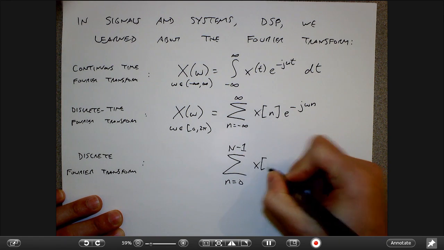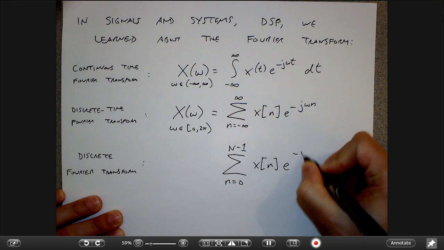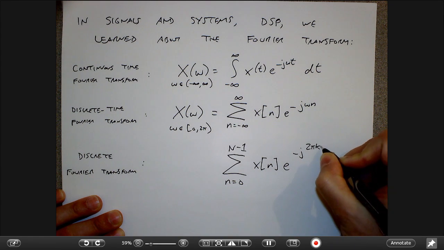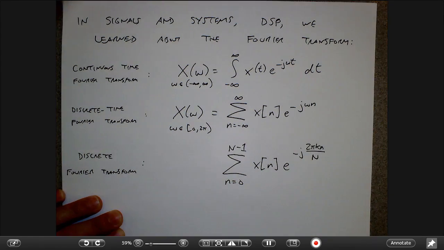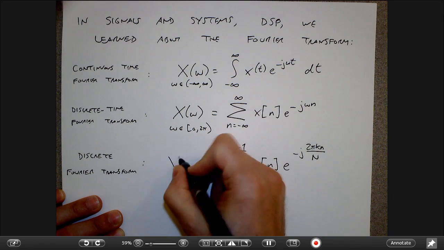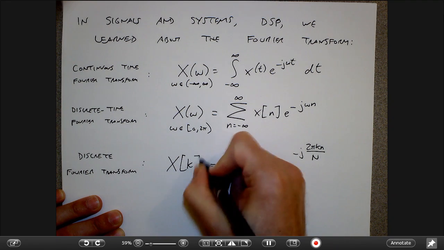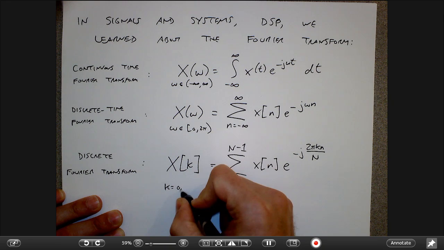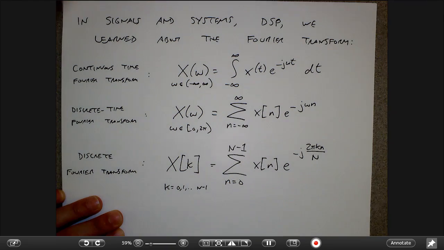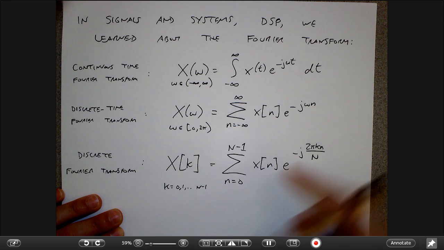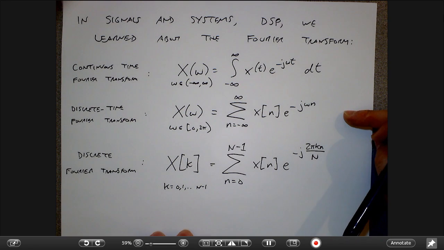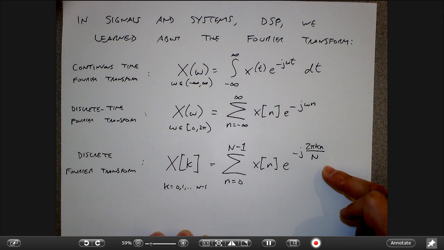So then we defined this, where N was the discrete period of the signal, and consequently what came out was a discrete set of DFT coefficients. The difference between this and this is that this x of n was infinite length, and this x of n is finite length.